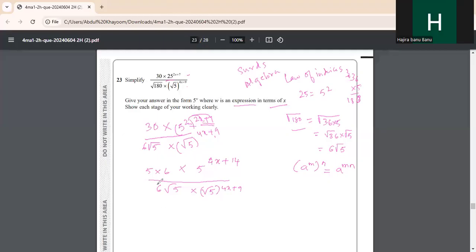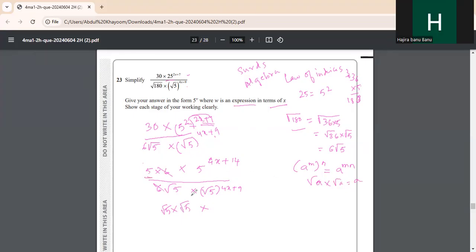Okay. So now this 6 and this 6 get cancelled. Now, we have 5 times. This 5 can be written as root 5 into root 5. I hope everybody knows that if we do root a times root a, it will be a. So I'm going in reverse.